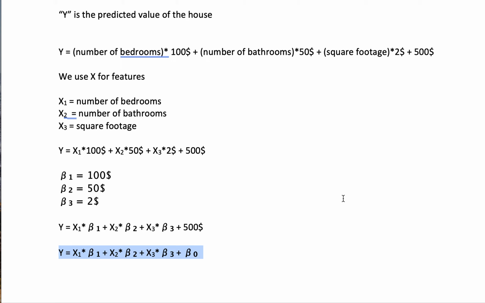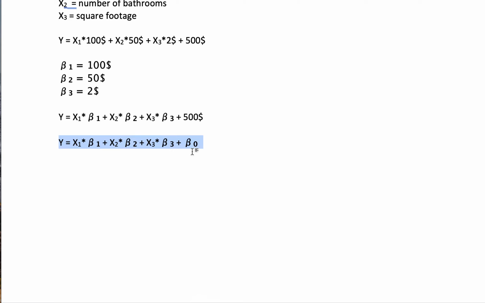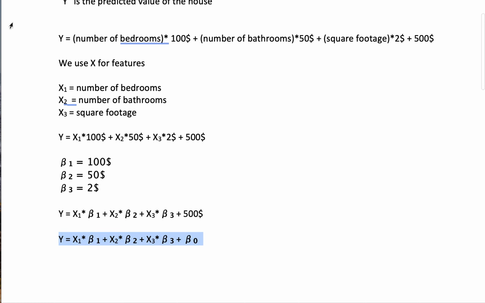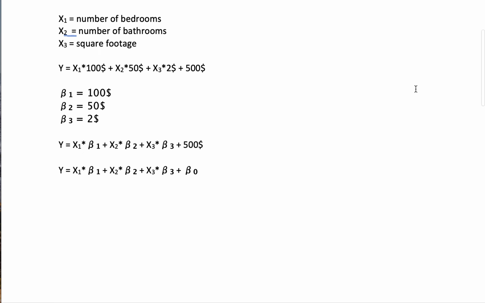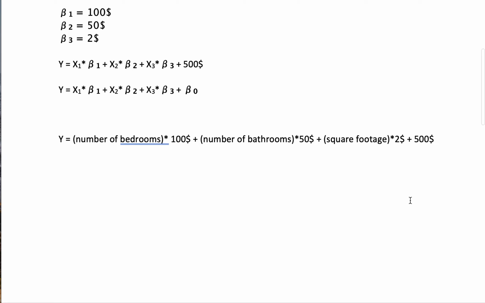And now let's dive a little into why they're used. In order to do that, I'm actually going to step away from this notation. So this is our model. This is also our model.